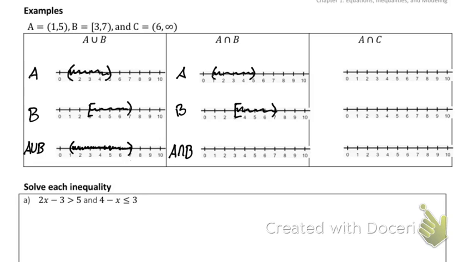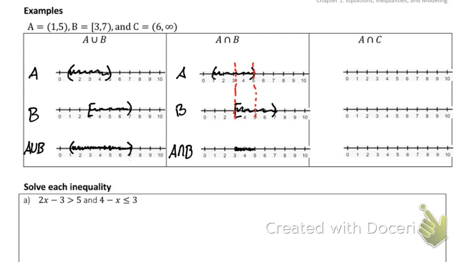They don't quite line up, but you can look at it. It's at 3, and they overlap till 5. They both exist there. So I know it goes from 3 to 5, so let's color that little section in.